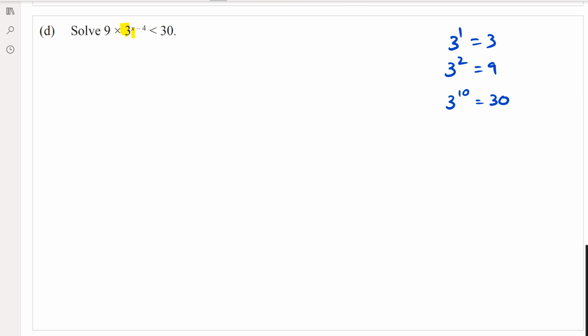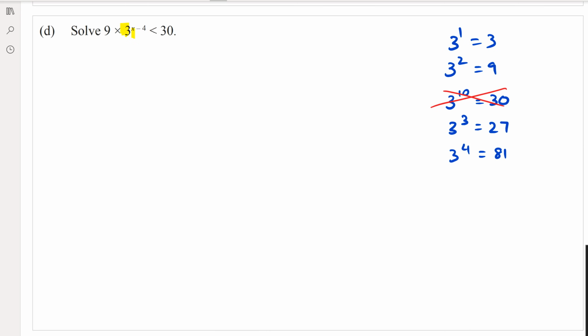Now guys, if you do that, you're actually not correct, okay? Because think about it. 3 to the power of 3 equals 27, and 3 to the power of 4 equals 81. Okay, so don't write that 30 as 3 to the power of 10 like I've seen some kids do.